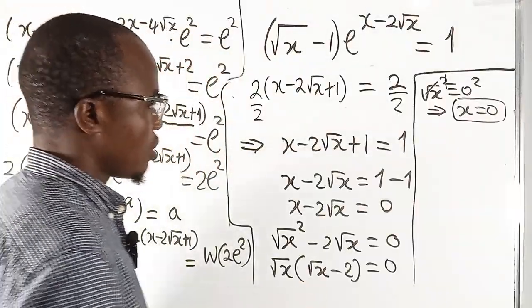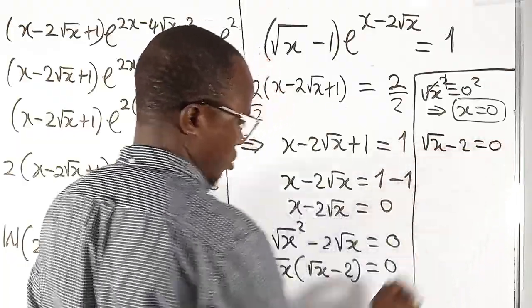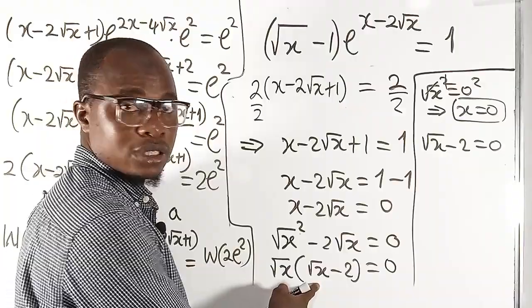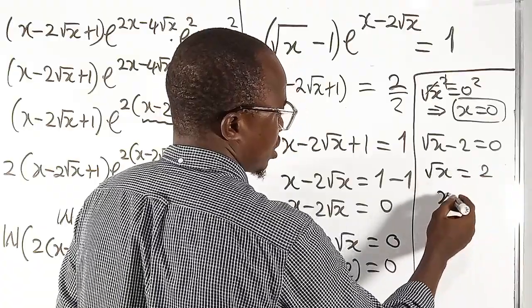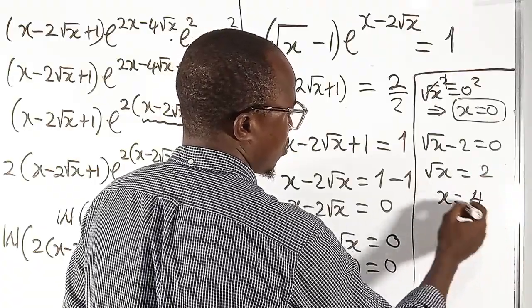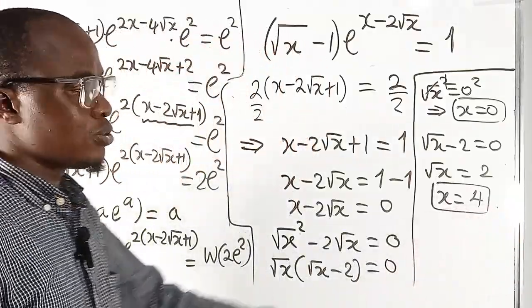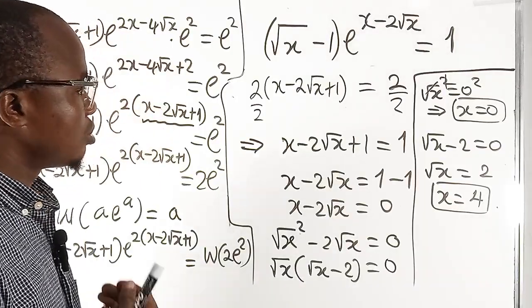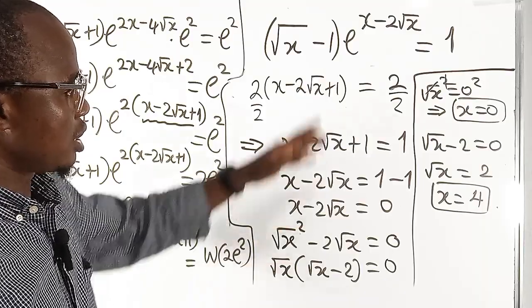Then also here we have root x minus 2 equals 0. That is for the second one. So we're going to have root x equal to 2. We square both sides of the equation, we are going to have 4. So we have another solution to be 4. So now let's check which one really satisfies this.